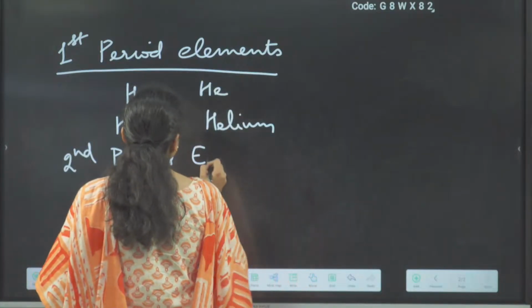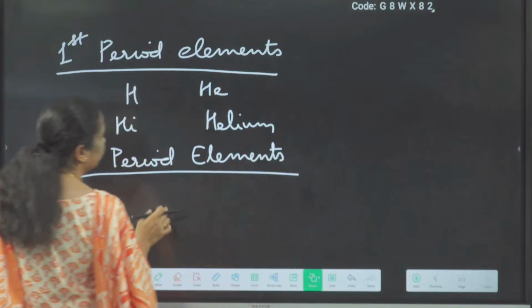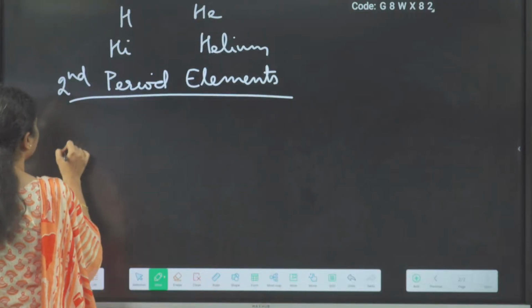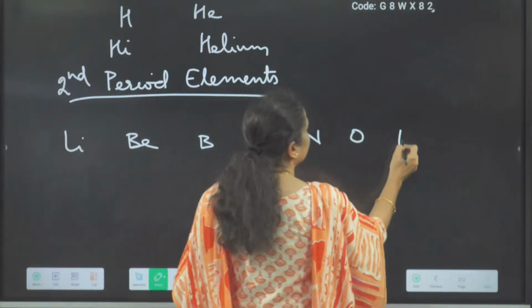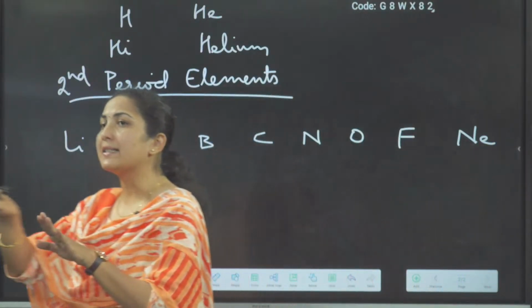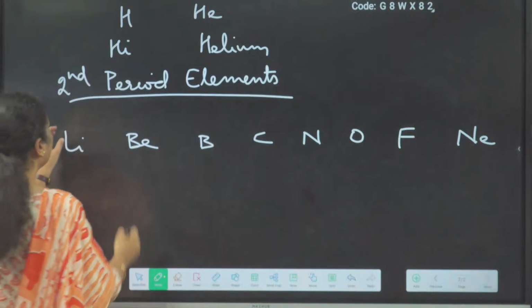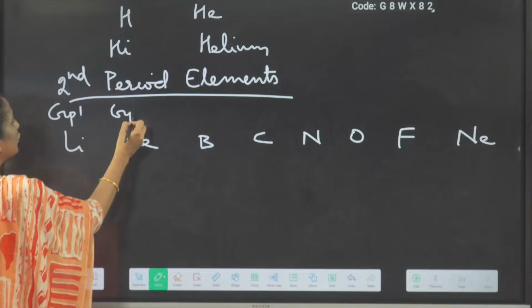Now when it comes to second period elements, let us first write down the elements which are there here. So these are the elements which are present in the second period, right? In the second period, group 1 and group 2 are present here. This is group 2.